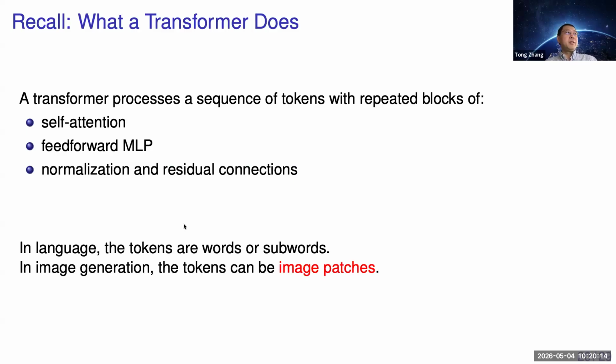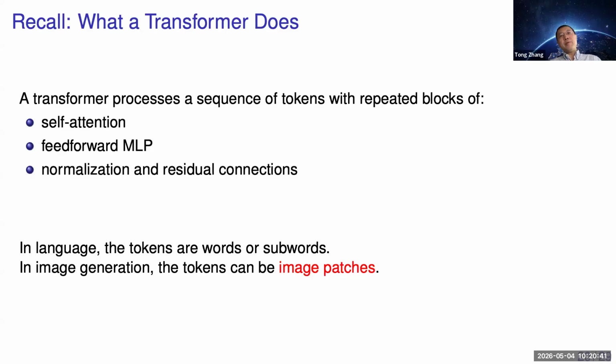In language, tokens are the words and subwords, basically tokenized words. For images, tokens are image patches, for example 16 by 16 patches, 2 by 2 patches, and so on. DiT is also working with image patches. They generate one patch at a time. You can do one by one patches, which is a pixel.